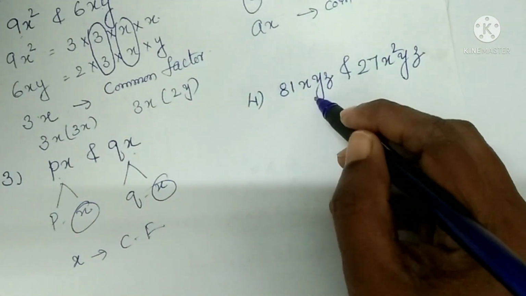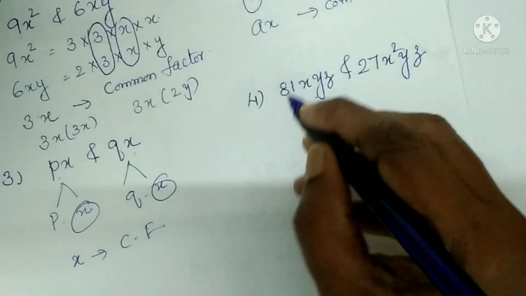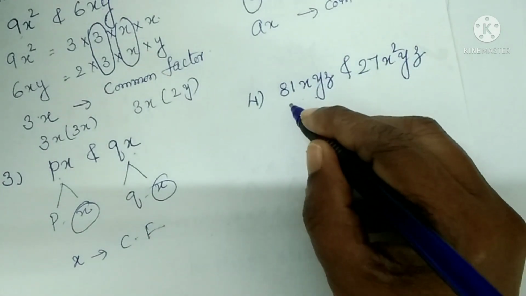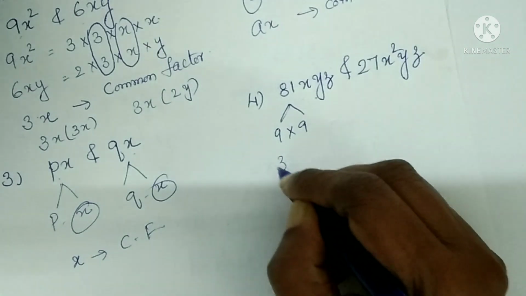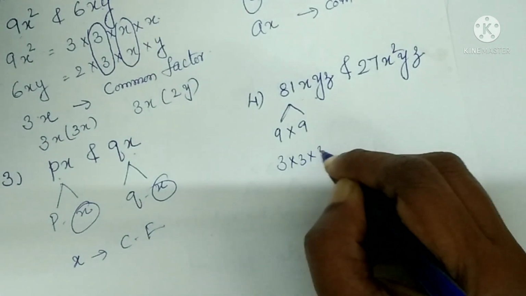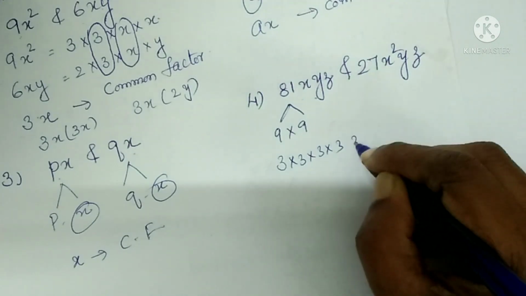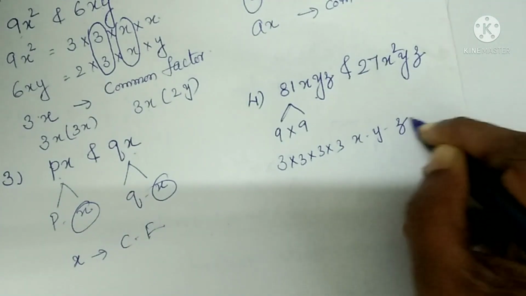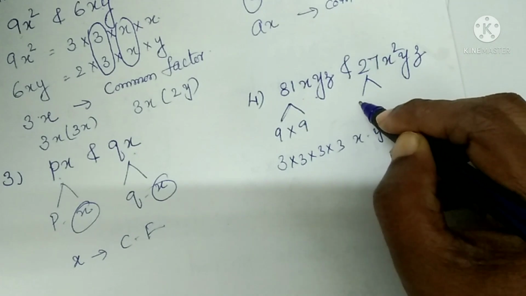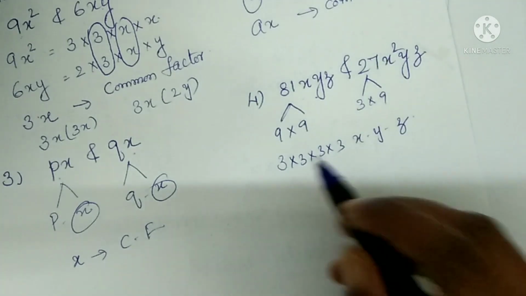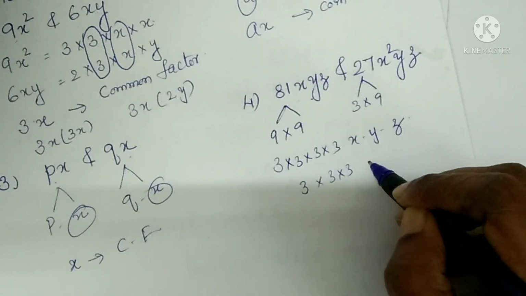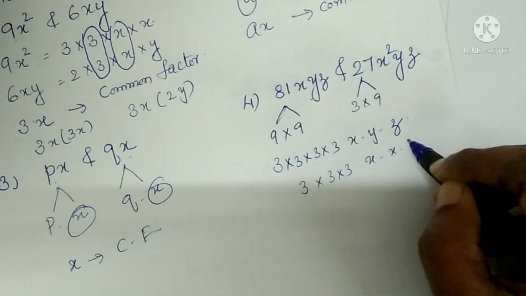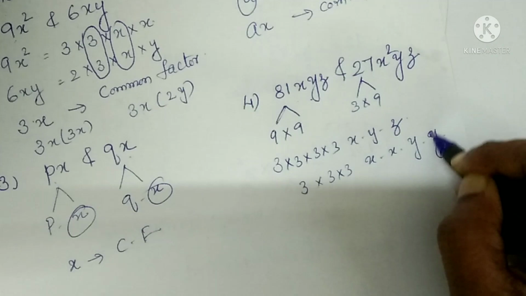Similarly, here 81. How will you find the factors of 81? You know that 81 is 9 into 9, that is 3 into 3 into 3 into 3, x into y into z, and 27, you know, is 3 into 9. So, that is 3 into 3 into 3, x square, that is x into x into y into z.